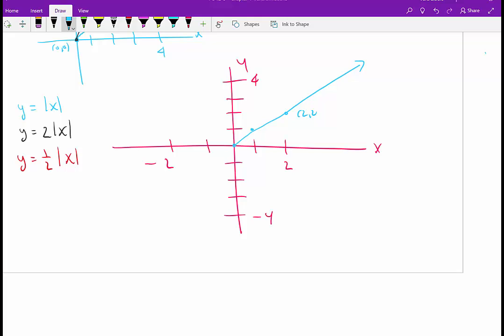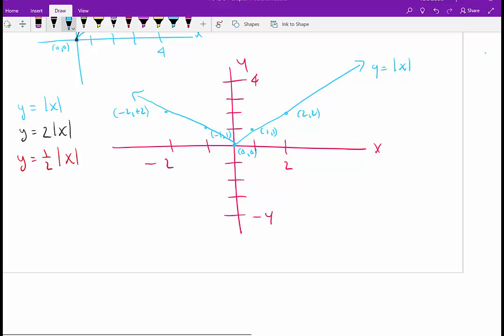Okay, so 2, 2, 1, 1, 0, 0, -1 and -1, and -2 and positive 2 and positive 1. Okay, so we have this. Okay, so this is y equals the absolute value of x.